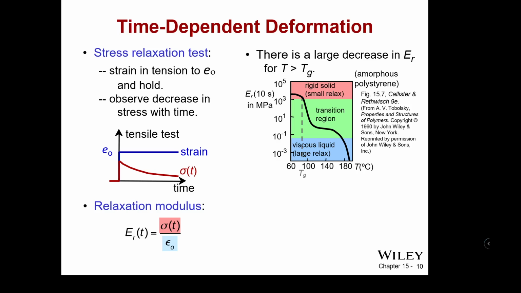So there's a large increase in the relaxation modulus for temperatures above the glass transition temperature because of how those physical properties change. So in the case of something like amorphous polystyrene, there's a glass transition temperature just below 100 C, right? So amorphous polystyrene, think styrofoam that you've interacted with.